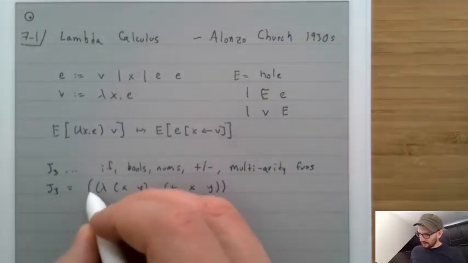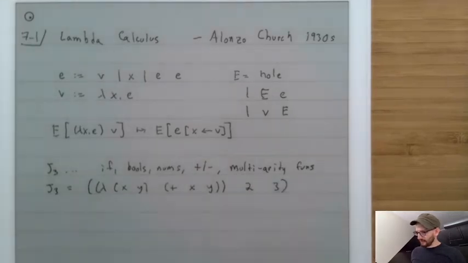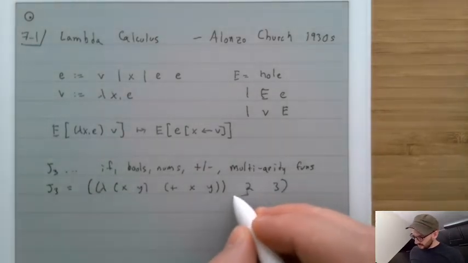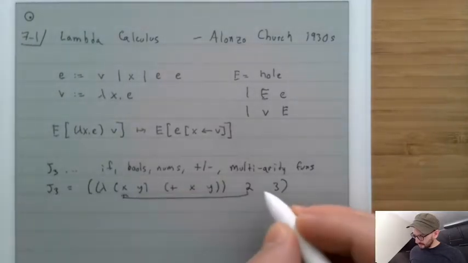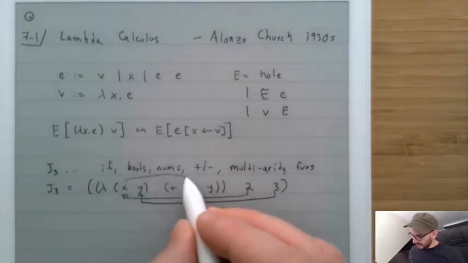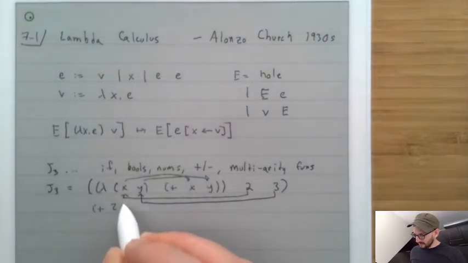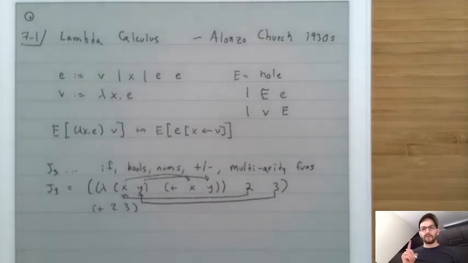Then we could call this function by writing something like 2, 3. The 2 would flow into the x position, the 3 would flow into the y position, and we would get plus 2, 3. That would take one step to do that substitution.